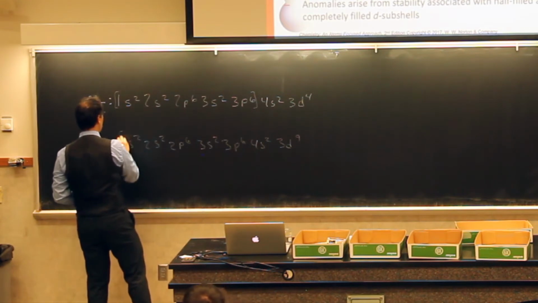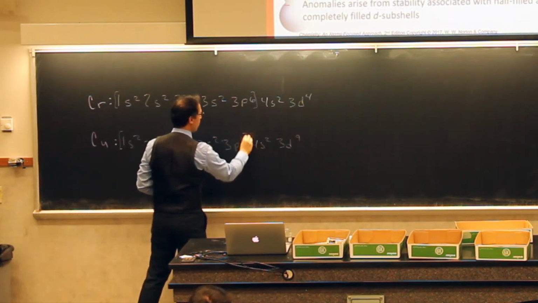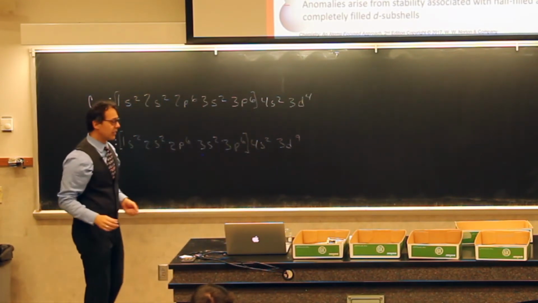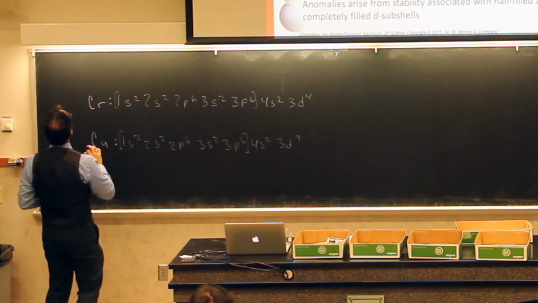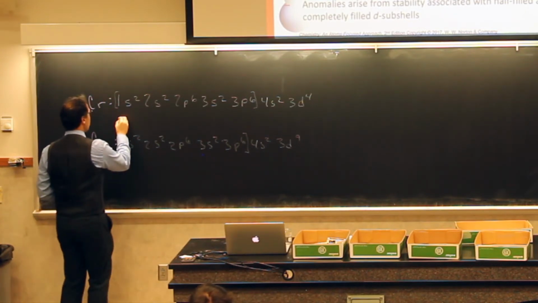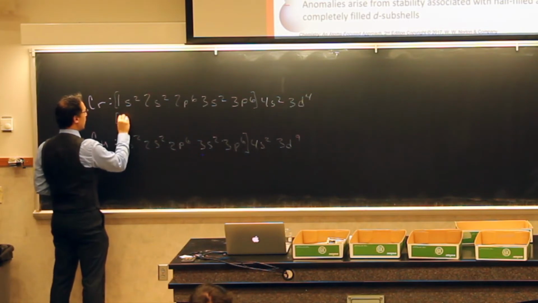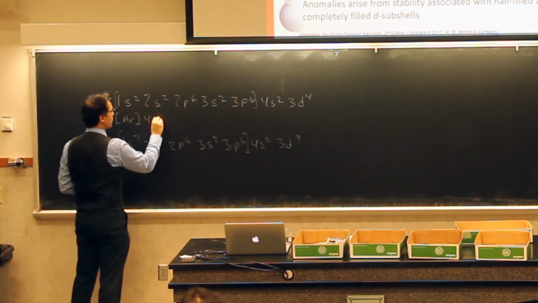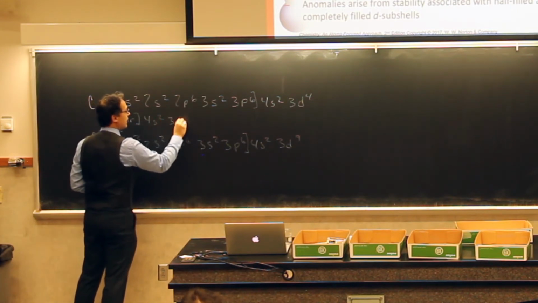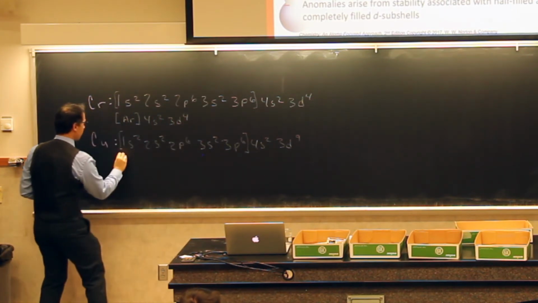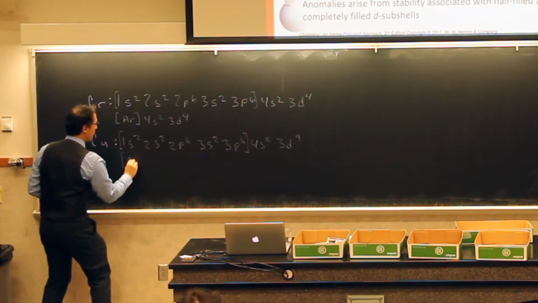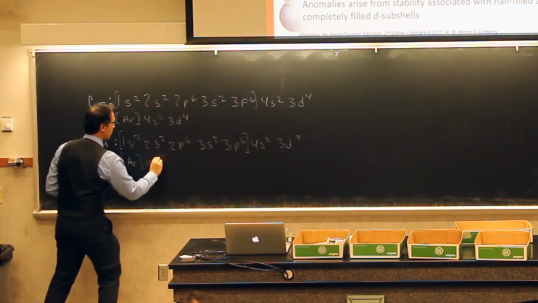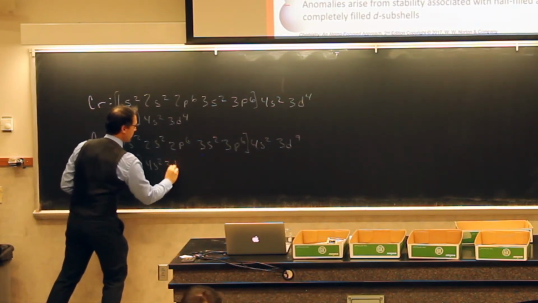These are our core electrons that are not involved in chemical bonding, and we can shorthand all of that, and we can call that argon. So we could call this bracket argon like this, and then go 4s2, 3d4. And for copper, we could go argon 4s2, 3d9.